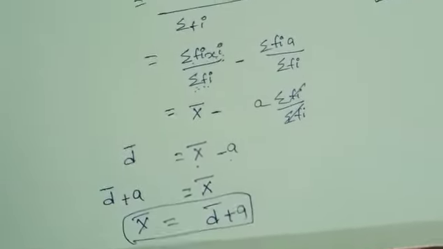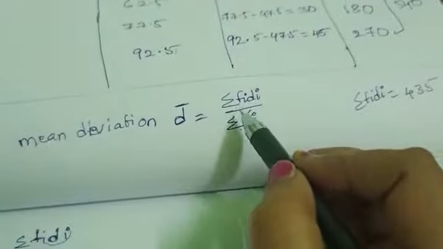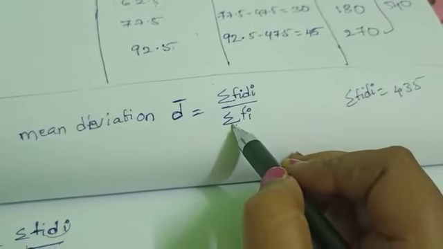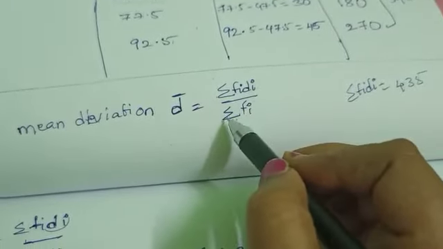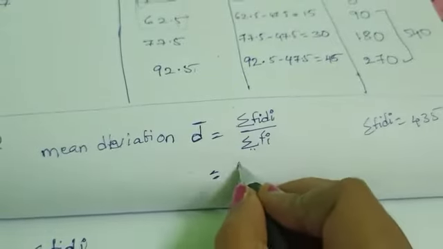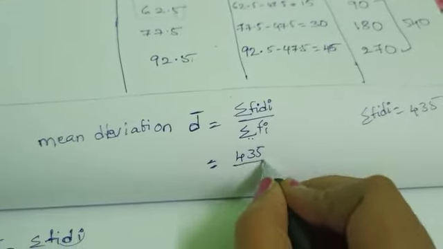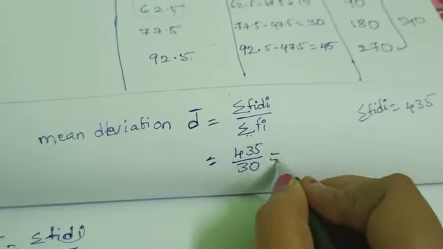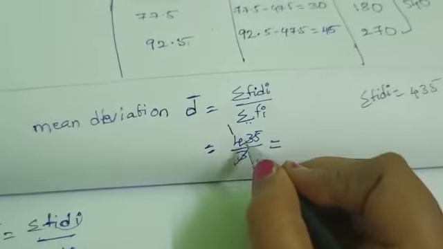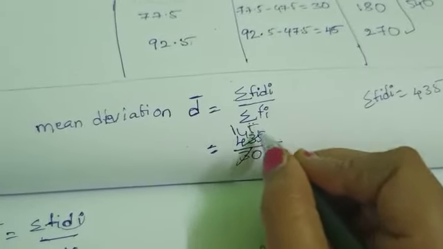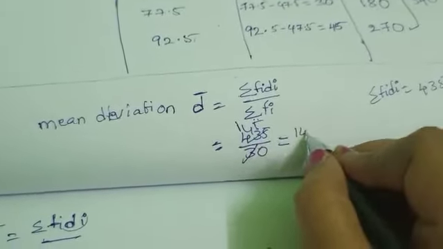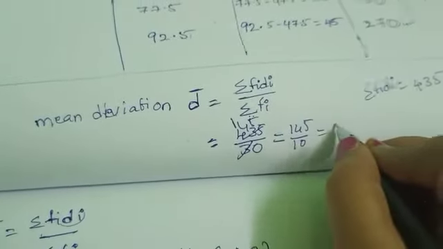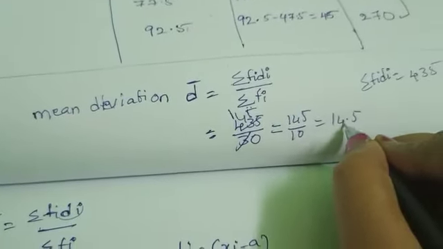What is the d bar value? d bar equal to sigma fi di by sigma fi, 435 by 30, which is equal to 145 by 10, which is equal to 14.5.